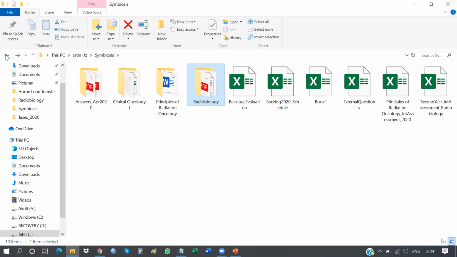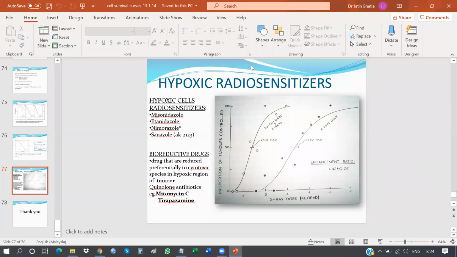I'm not able to find radiobiology. Actually, what I wanted to show was that fractionation takes care of reoxygenation. So that's why this hypoxia is not a big problem. Because of fractionation, the cells which are remaining for tomorrow have that. Check out the oxygenation chapter in Hall. You will find it. Meanwhile, I'll also find it. I must have kept it somewhere.